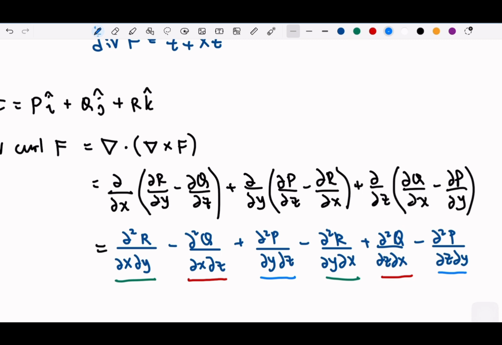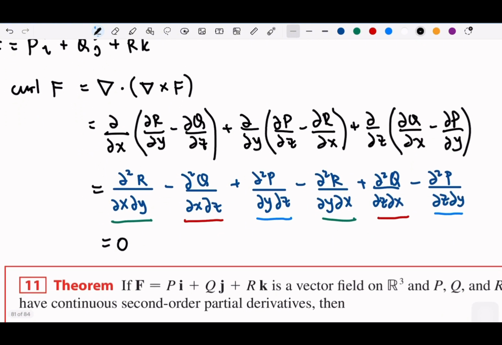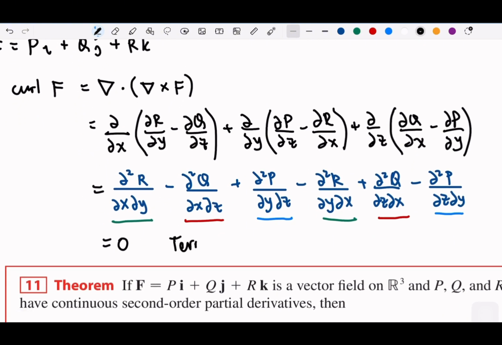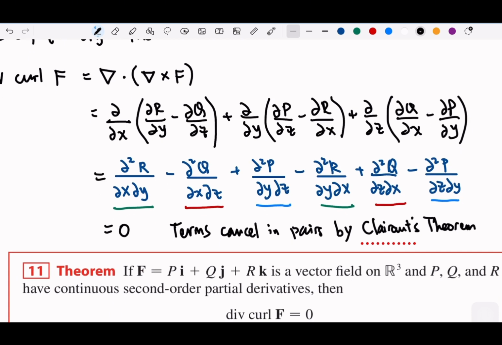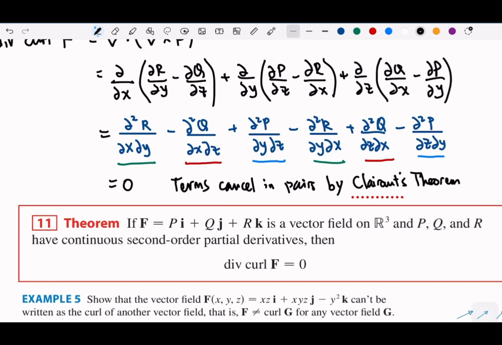They are going to be subtracted, and because they are equal, this will be 0. So the terms cancel in pairs by Clairaut's theorem, the same as with the previous example. When you have the second partial derivatives, the partial xy will be equal to partial yx. So it will be 0. So the div curl F will be equal to 0.